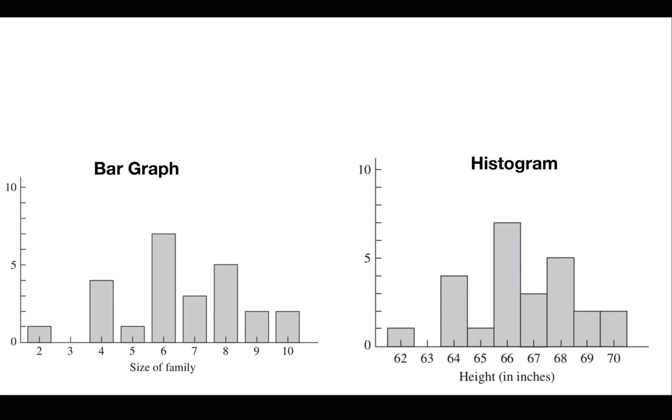The values of some variable are marked off along the horizontal line, which is also called the horizontal axis or the x-axis. A second variable, labeled y, is marked off along the vertical axis or the y-axis.